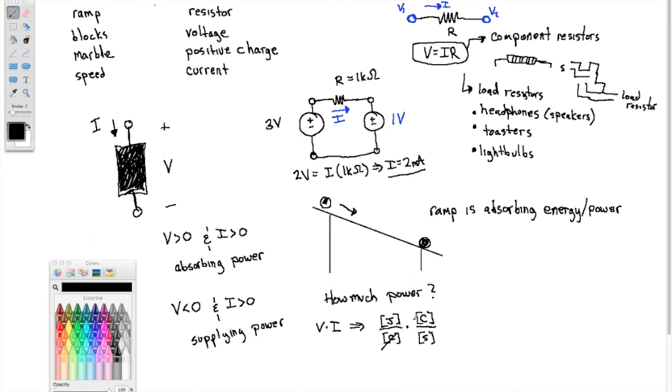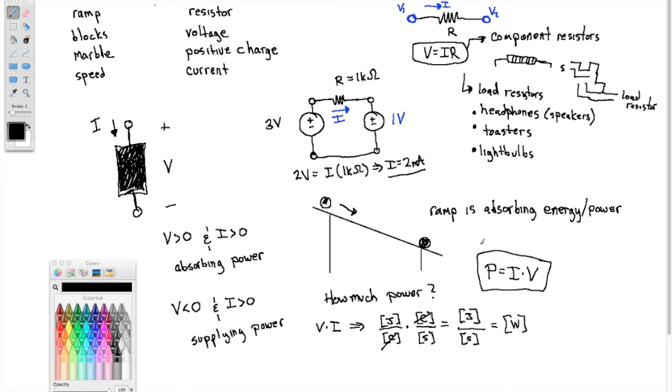Then the coulombs cancel, and you're left with joules per second. Joules per second, a rate of energy, that's a watt. Right? So power, electrical power, is I times V in watts.